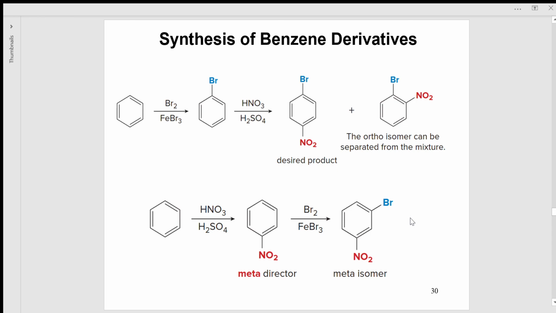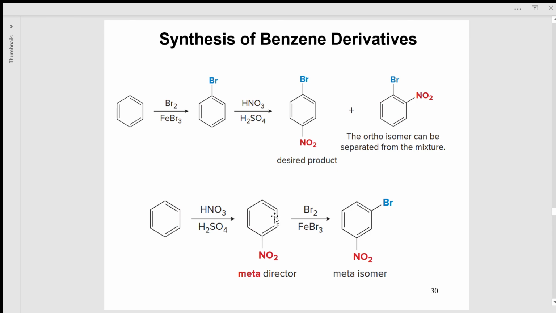Electron donating group will increase the electron density of the benzene ring. It is an activator. And normally activator will give us ortho or para-substituted product.